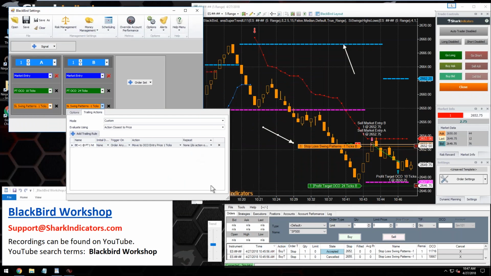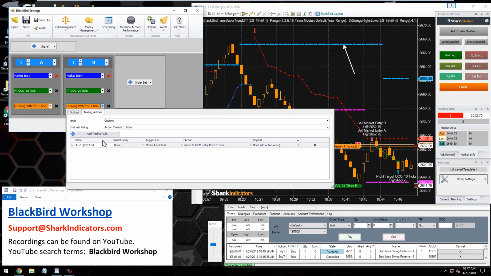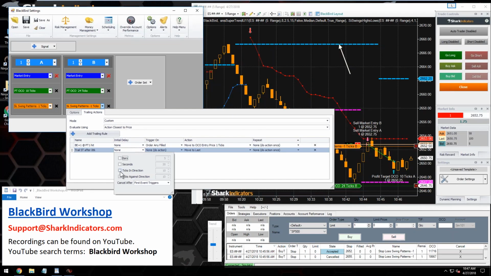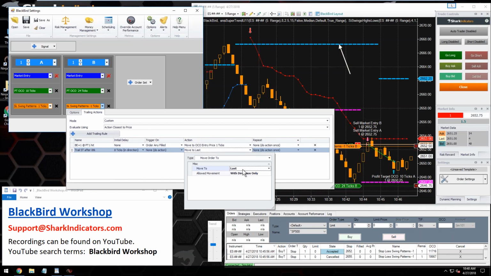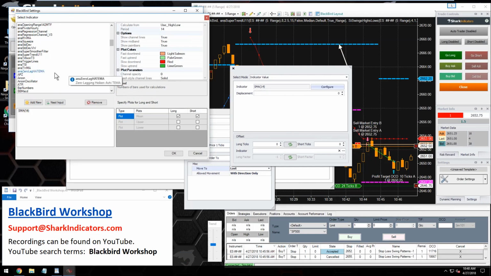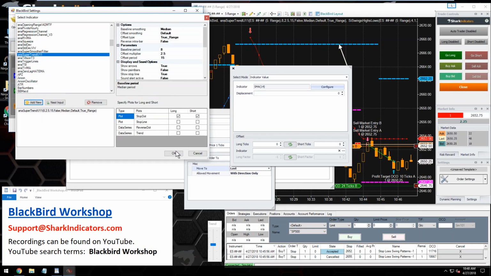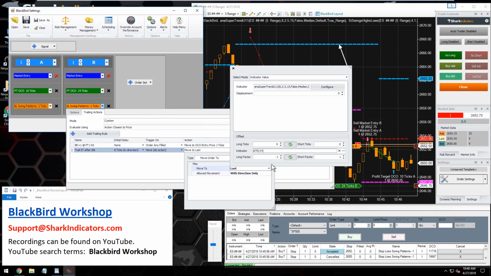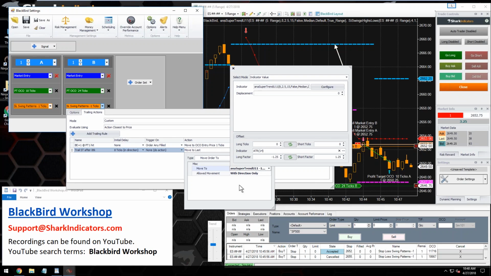I'm going to recreate that rule again here. There we go. anaSuperTrend with an ATR 1.25.